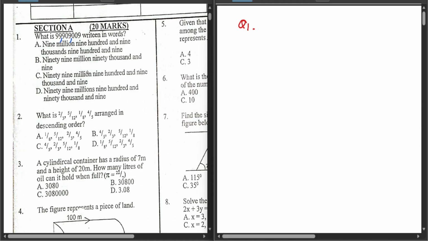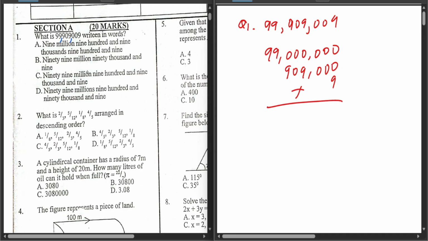Okay, ukiona vizuri, 99 million, 909,009. So it gives you 99,909,009. That is your answer.